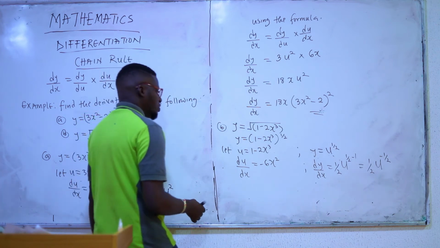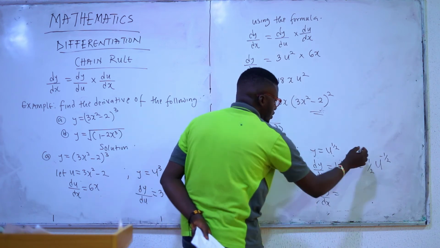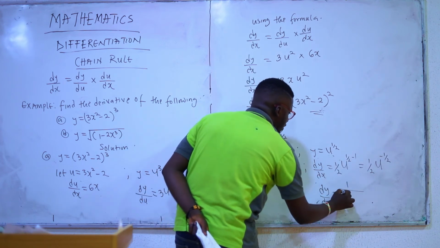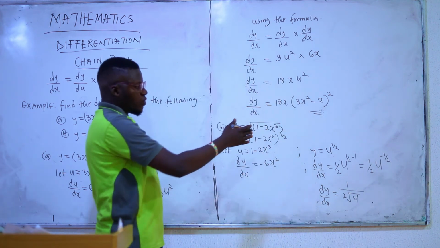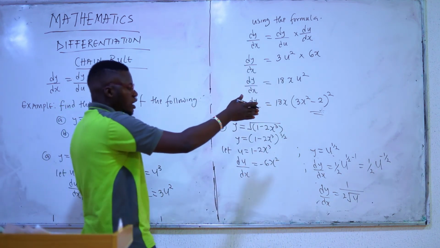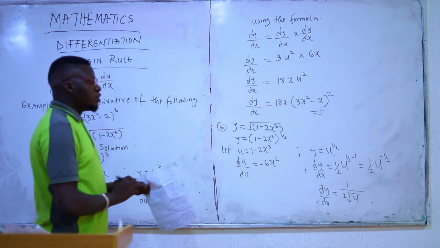This is the same thing as 1 over 2 square root of u.